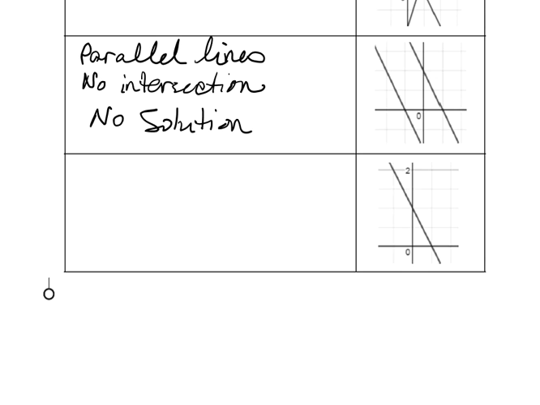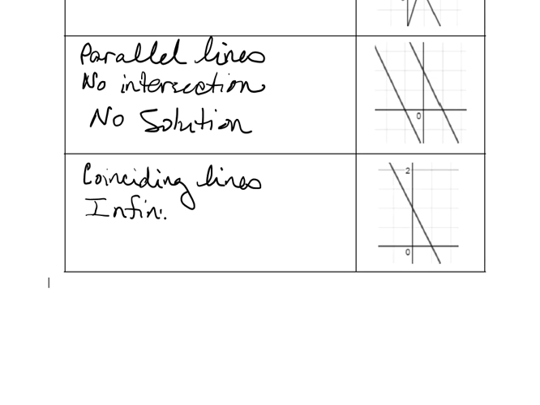In the third case, we have actually graphed both equations, but it doesn't look like it because they are lying directly on top of each other. This is called coinciding lines. There are infinite intersections because they are directly on top of each other, and therefore there are infinite solutions.